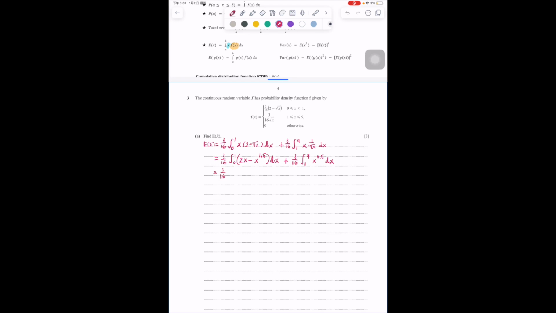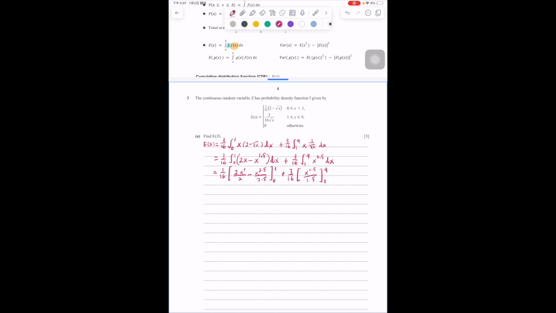We have 2 times x squared over 2, minus x, and this time we have our index as 2.5, from 0 to 1, plus 3/16. This time we have 0.5 plus 1, so we have 1.5, from 1 to 9.